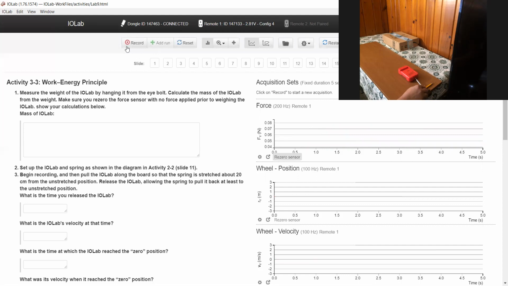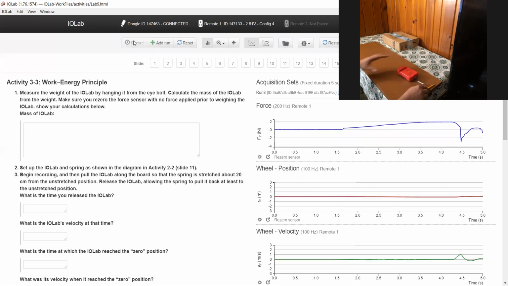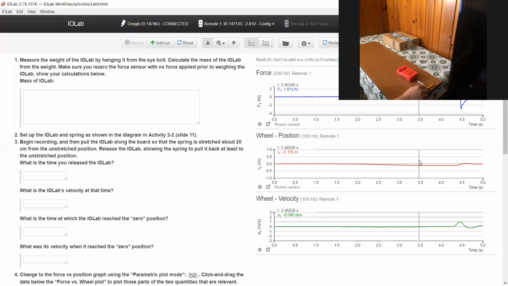Click on record, and then let me put it around 20 centimeter. I don't know how much it is, and then leave it. Oh, there's a position change. It seems the force changed. Okay, let's do the next one.